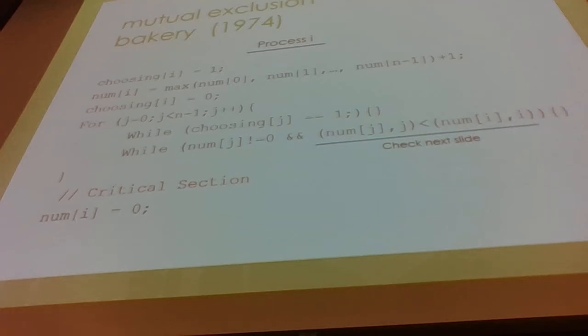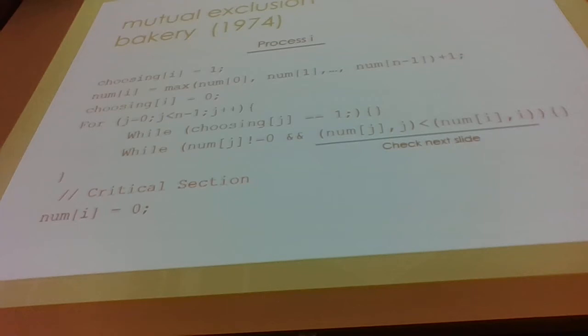So process I calculates the token but doesn't store it in num. In the meantime, process J calculates the same token, because they came at the same time, but it stored it in num, and then it started checking all the other processes.